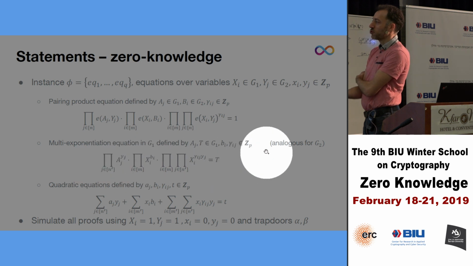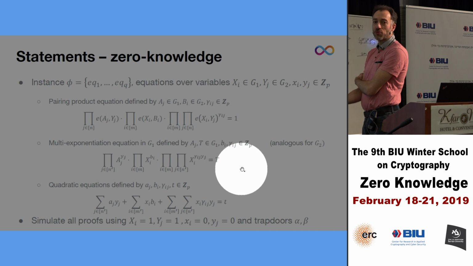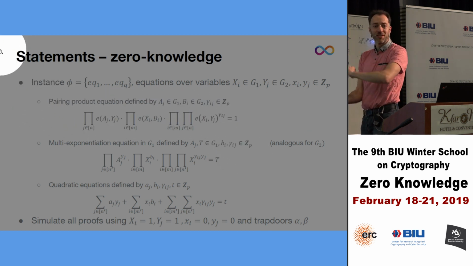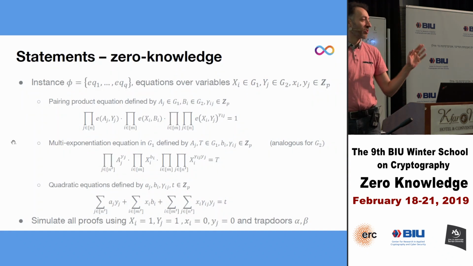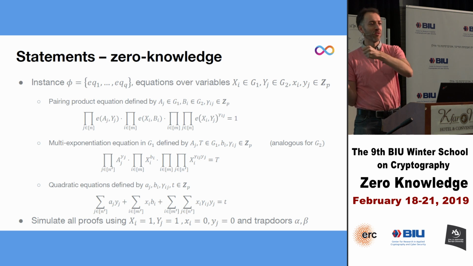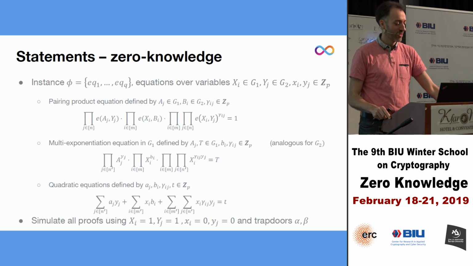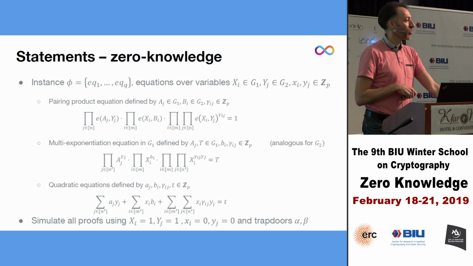But for multi-exponentiation equations and for quadratic equations, we can allow arbitrary targets, because we can move them to the left and use this simulation strategy. And it turns out that the proofs are exactly the same whether you think of them as right-hand side or left-hand side equations, so it doesn't change anything in our proofs. It just guarantees that we have the simulation property, and it is possible to simulate.